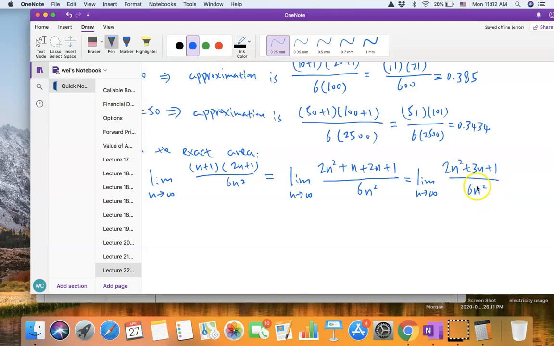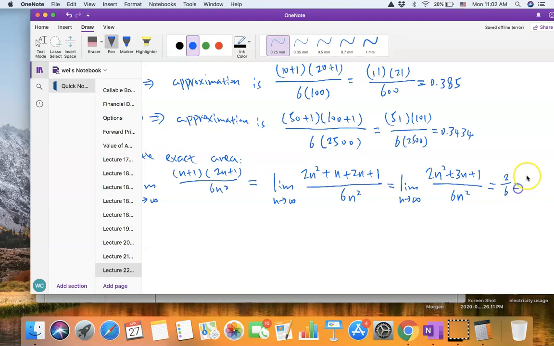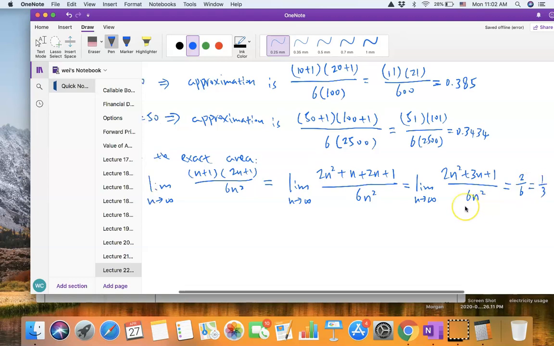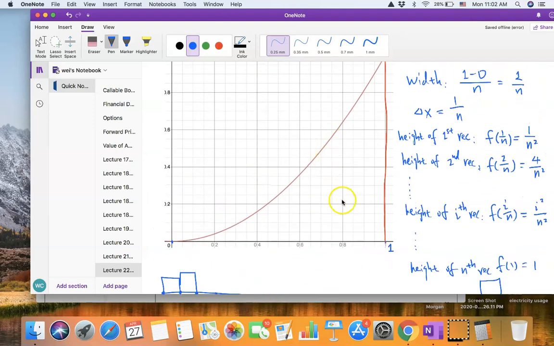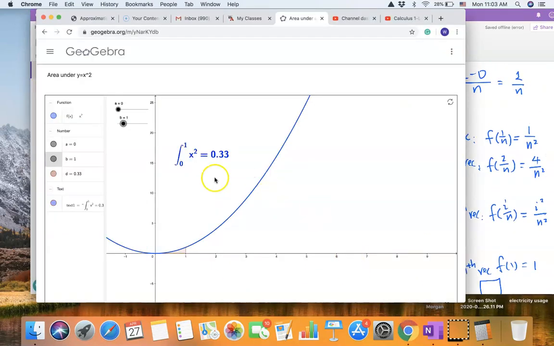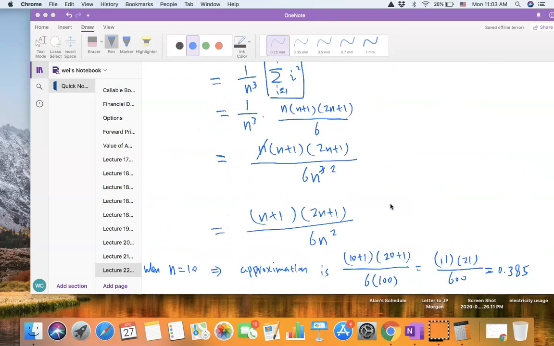Since the degrees of these two leading terms are the same, the limit equals the ratio of the coefficients, which is 2 over 6, which is 1/3. So the exact area of this bounded region, just as what we saw here, is 1/3. Okay, so that is the exact area.